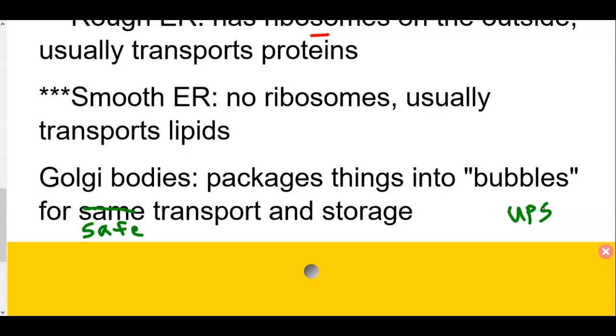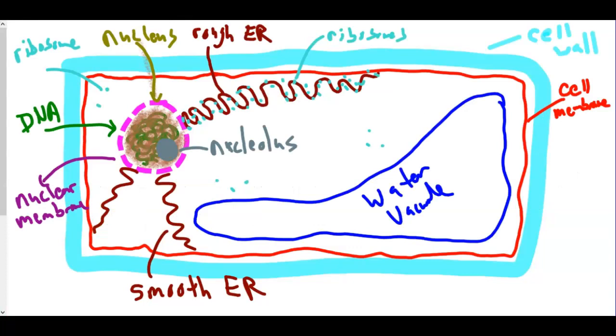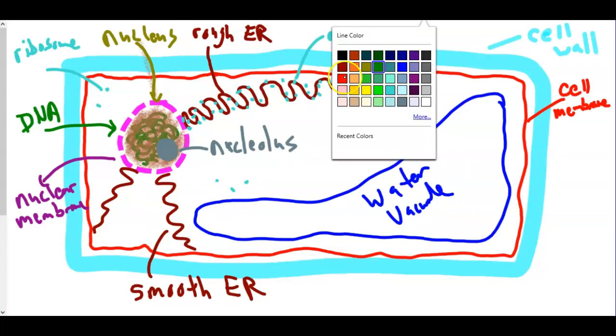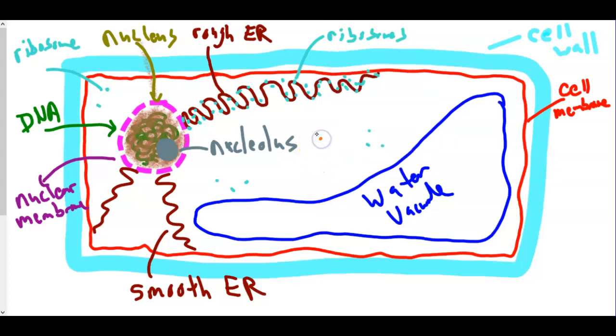And what they look like is kind of like some thin stacks of pancakes. And then you can see the little packages, the little bubbles coming off the side. So let's draw this and see what this looks like. So I'm going to choose maybe an orange here. And our Golgi bodies here, I'm going to kind of draw little flat pancakes.